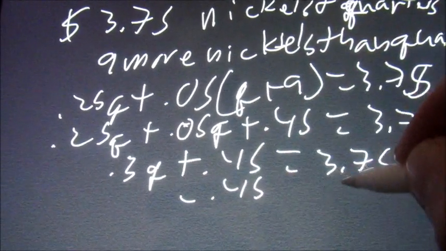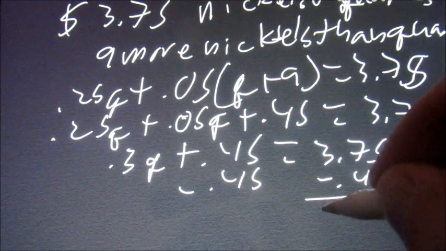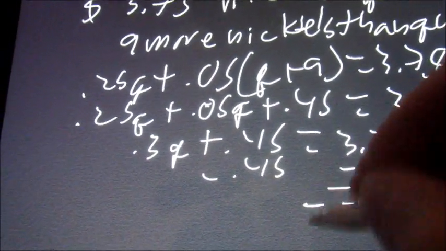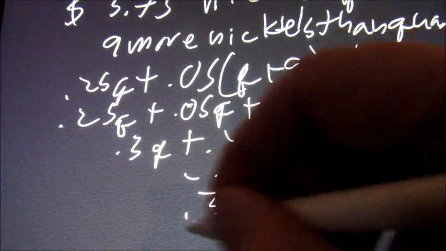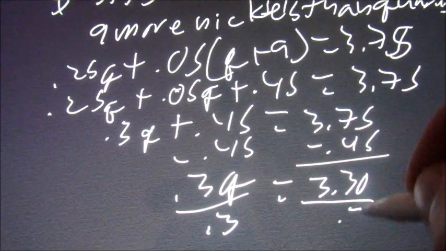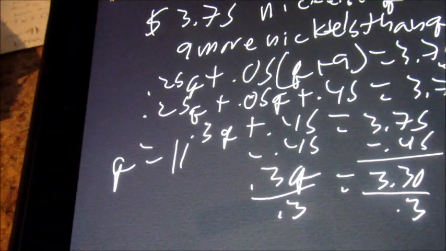Subtract the 0.45. We have 3.30 equals 0.3Q. Divide by 0.3. And we're going to get that Q equals 11.